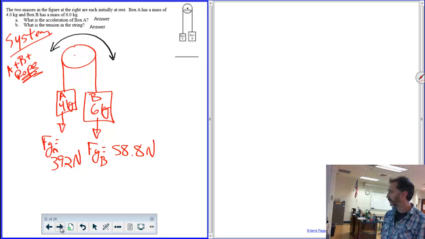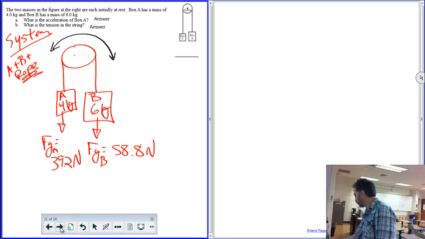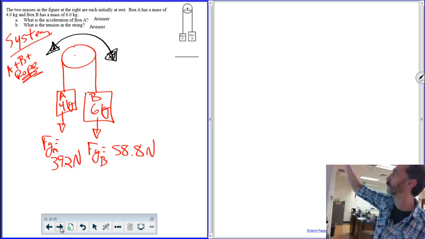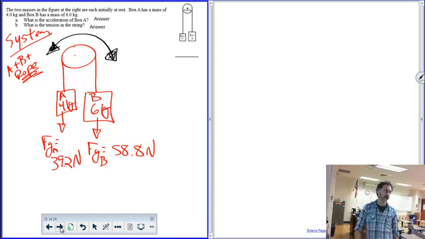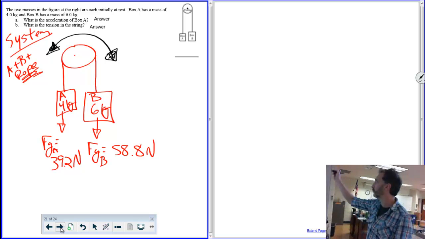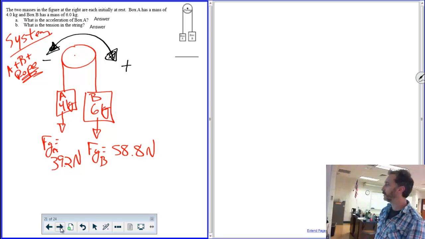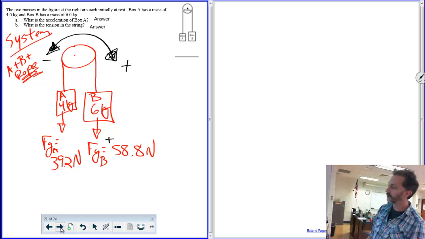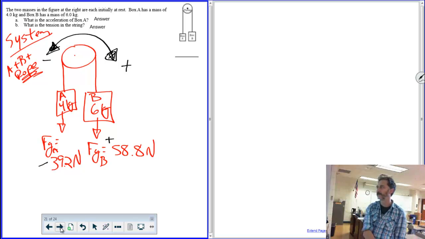The idea is here my force of gravity on object B is going to pull the system this way, and the force of gravity on object A is going to pull the system this way. So we've got to pick one of those directions to be positive and one to be negative. Since it looks like B is going to win, let's make this way positive and this way negative. The force of gravity on B is pulling the system in a positive direction, and A is resisting that by pulling in a negative direction.